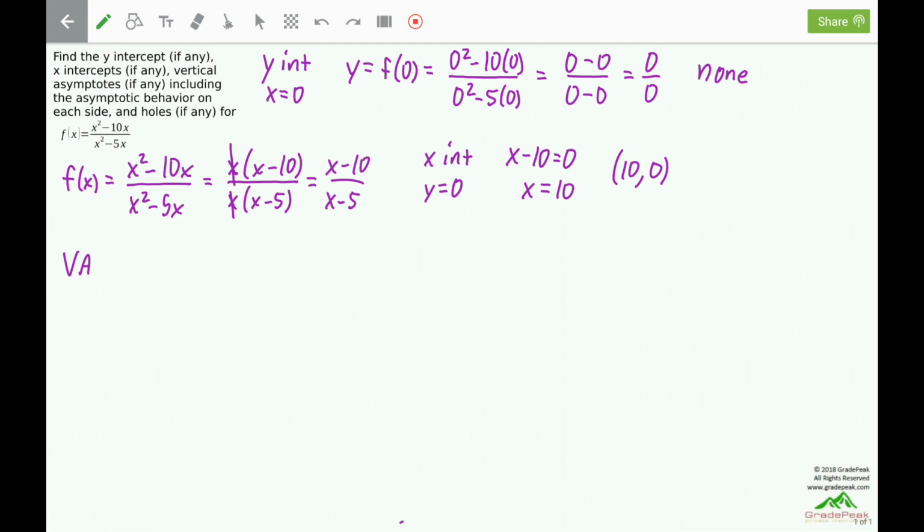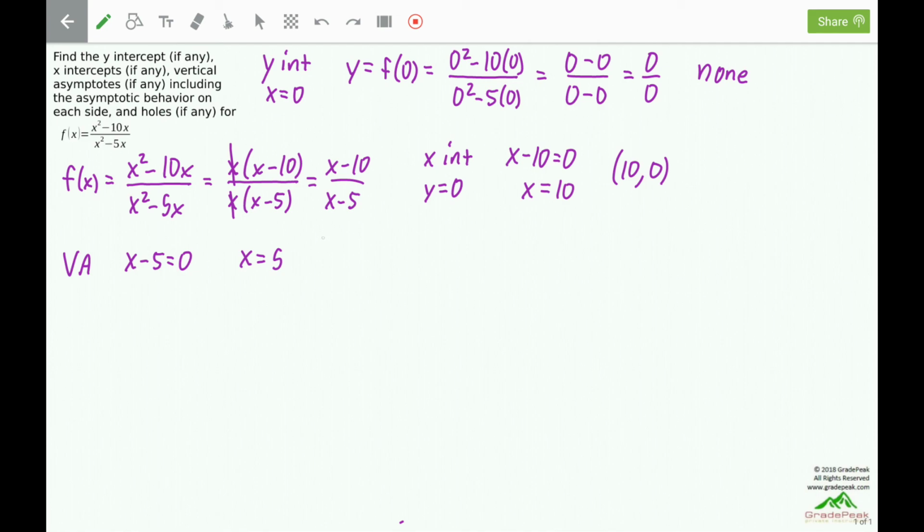The vertical asymptotes are found by taking the factored and canceled version of the function and setting the denominator equal to 0. Solving for x, there will be the vertical asymptote.